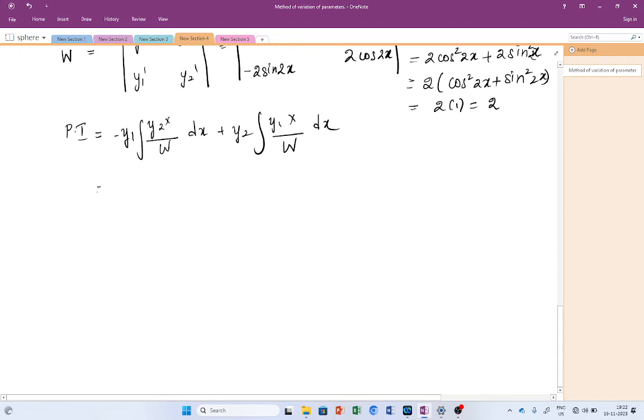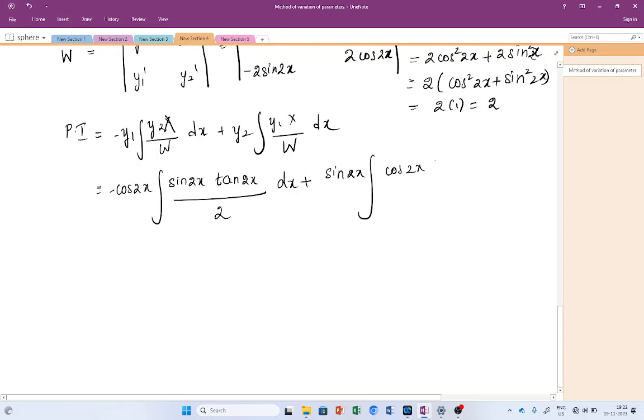My y1 value is minus cos 2x, y2 value is sin 2x, into capital X. The right-hand side is tan 2x, divided by the Wronskian value. We found it to be 2, into dx plus y2, which is sin 2x, integral cos 2x tan 2x by 2 into dx.